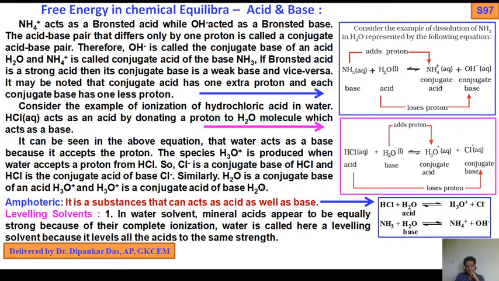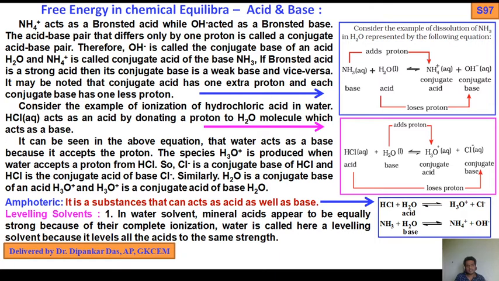Similarly, water is the conjugate base of the acid H3O plus, and H3O plus is the conjugate acid of the base water molecule. Clear? This is the schematic diagram for the Bronsted-Lowry concept.